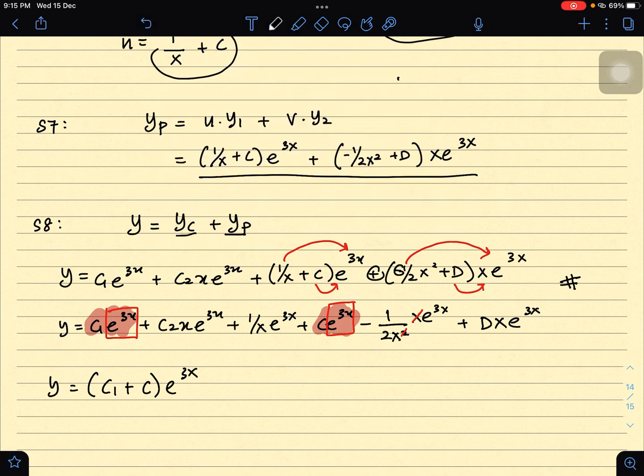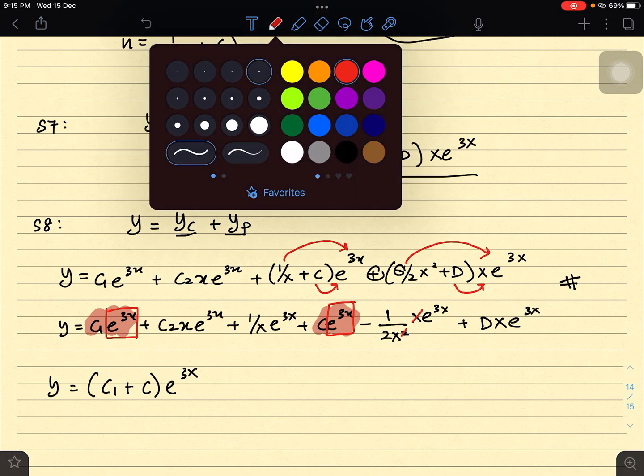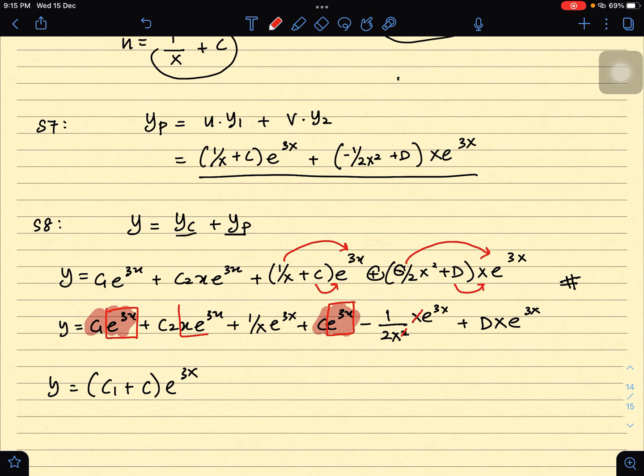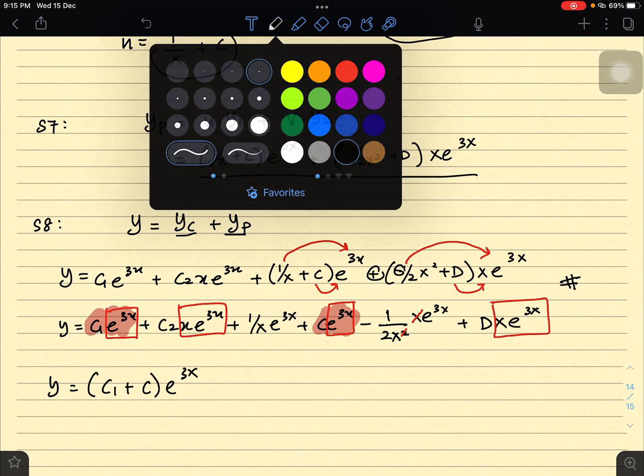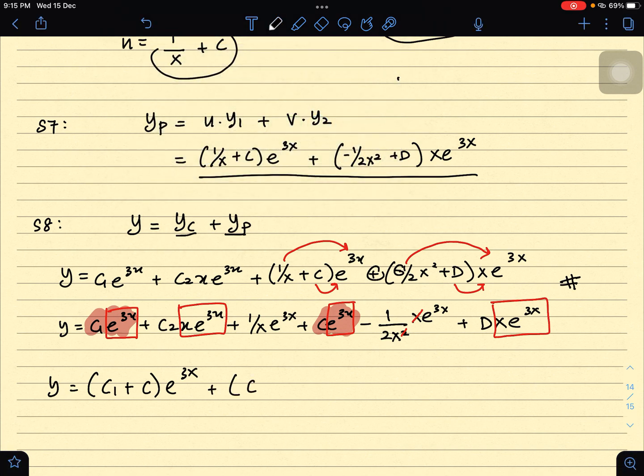Okay, and then kita ada X exponent 3X, sini pun X exponent 3X. So kita boleh tulis tambah C2 tambah D X exponent 3X. So yang ini dah settle.